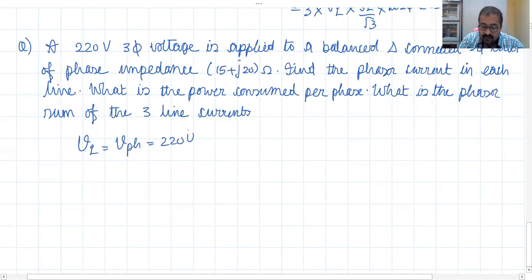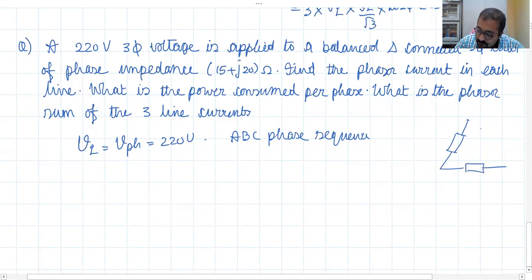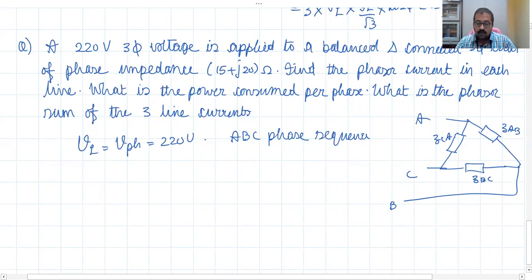Now, what's the next step? We have to assume a phase sequence, so ABC phase sequence. If you want, you can draw a figure also just for better clarity. A, B, C, with AB, Z, BC, Z, CA, Z. What's the question?